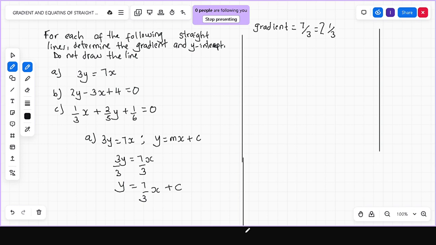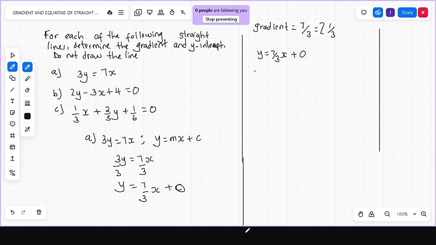Now, at the y-intercept, the value of x is equal to 0. The value of c here is 0, so the equation is y equals 7 over 3 x plus 0. But now the x-coordinate is equal to 0, so we substitute x with 0.